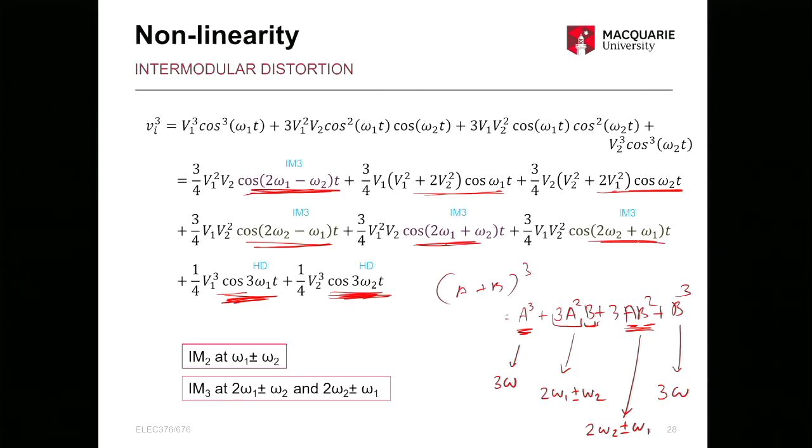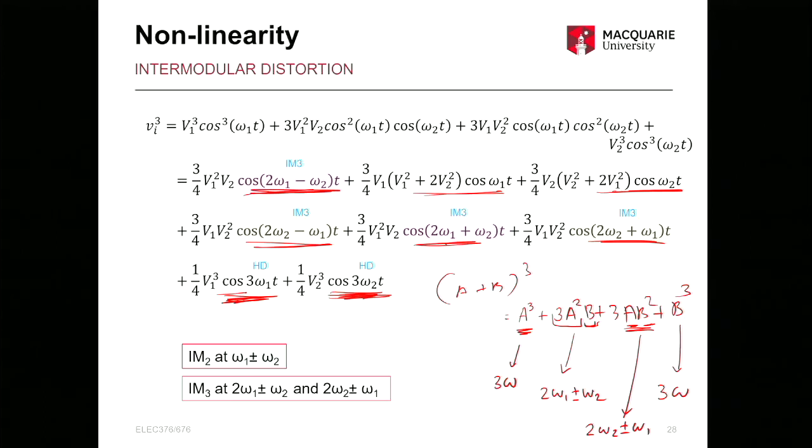So the output contains the DC part, the fundamental frequencies, harmonics and intermodulation. So it's like a jungle. It's everything in there, all kinds of frequencies.